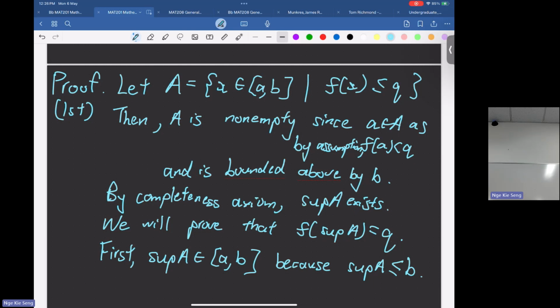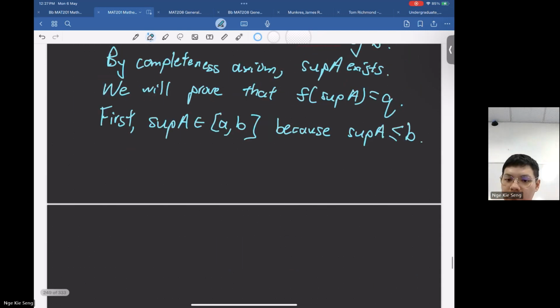All right, so now the next thing. We know that this point is in this interval. The next thing to do is to show that f of this is really the Q we want. Okay, f of sup A is really the Q we want. So how do we do this? We need to involve continuity here.